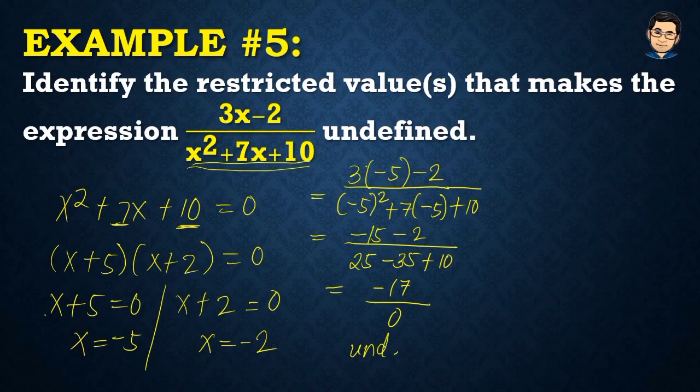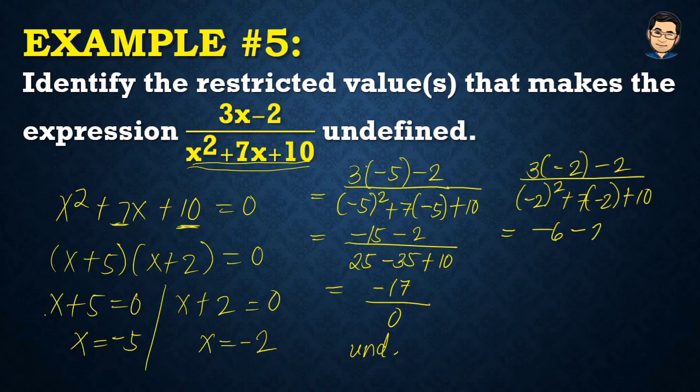What about x equals negative 2? Substitute lang po natin yung negative 2. Okay. 3 times negative 2, that is negative 6. Minus 2 all over negative 2 squared, that is 4. 7 times negative 2, that is negative 14.